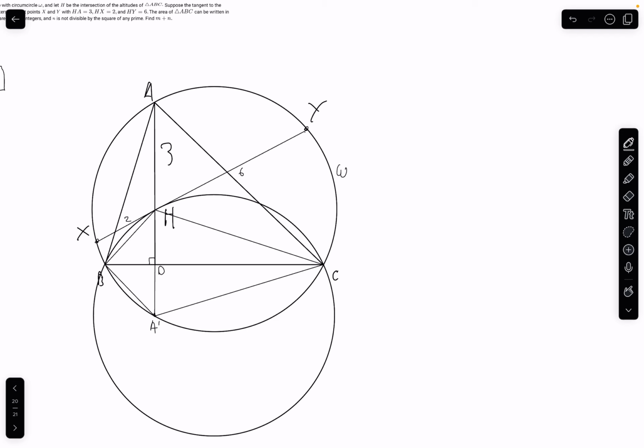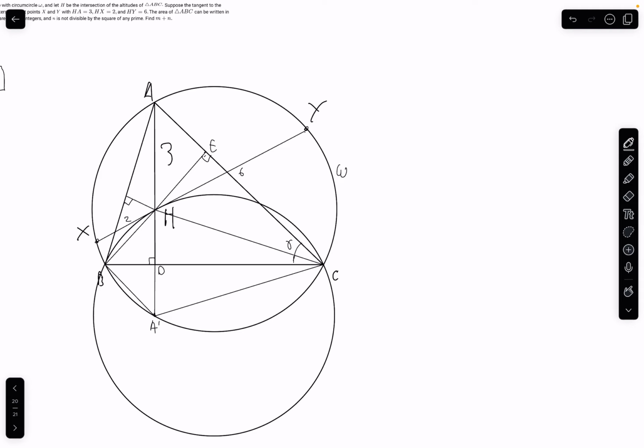The reason for that is we can see that by drawing out the altitudes CH and BH. If we extend those to be the full altitudes, they form perpendiculars here. Let's call angle ACB gamma. Then we look at triangle EBC.